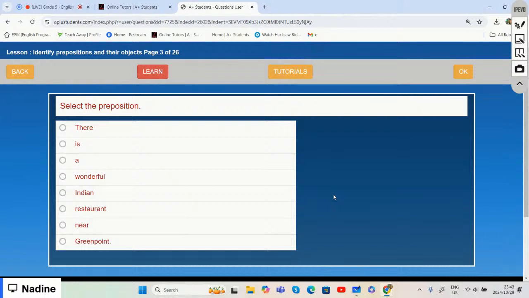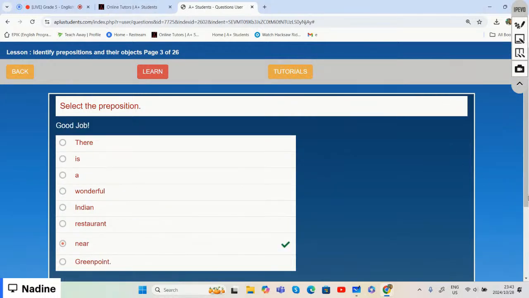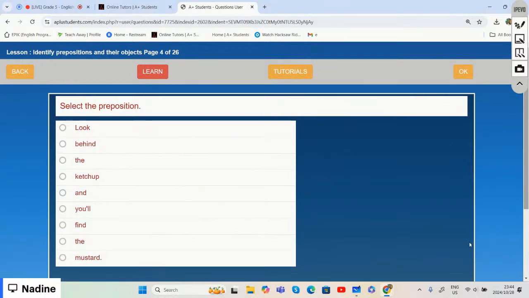If we were to select our preposition, then near is our preposition.